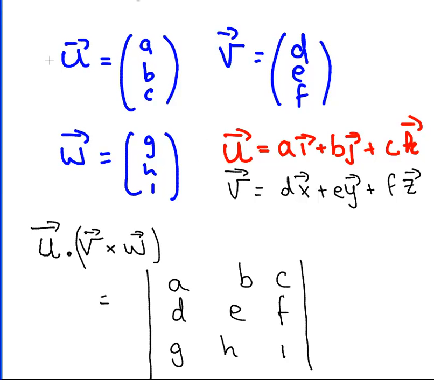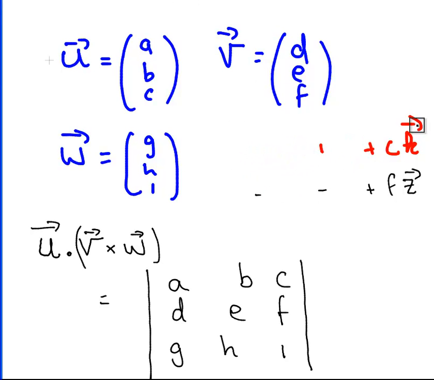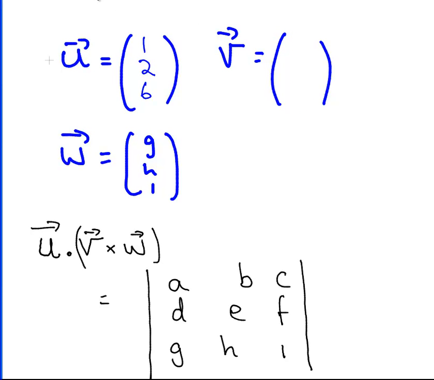So I'm going to go to the next page and try an example. Let U equal 1, 2, and 6. Let V equal 4, 3, and 0.